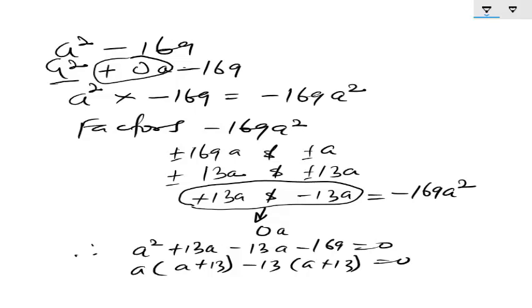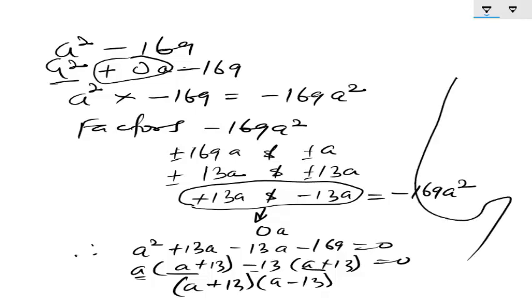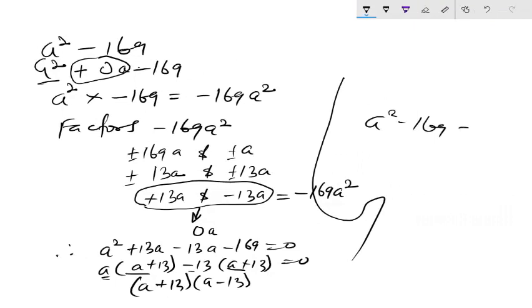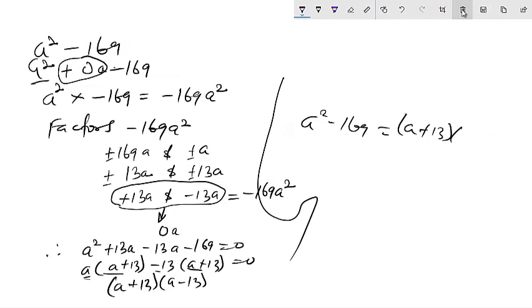Then you have a plus 13 in two places, so you pick one, a plus 13. Then you pick your a minus 13. So in this case, you can see that a squared minus 169 eventually becomes (a plus 13) times (a minus 13).